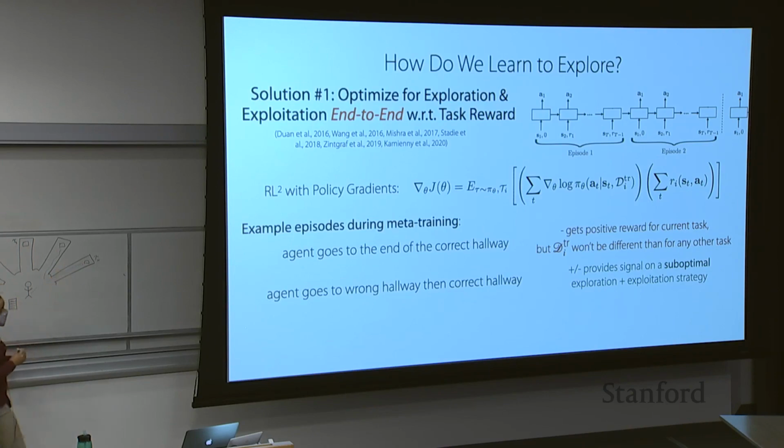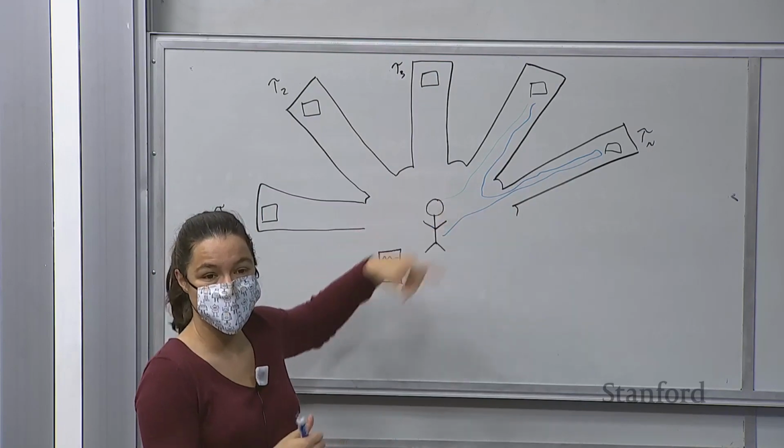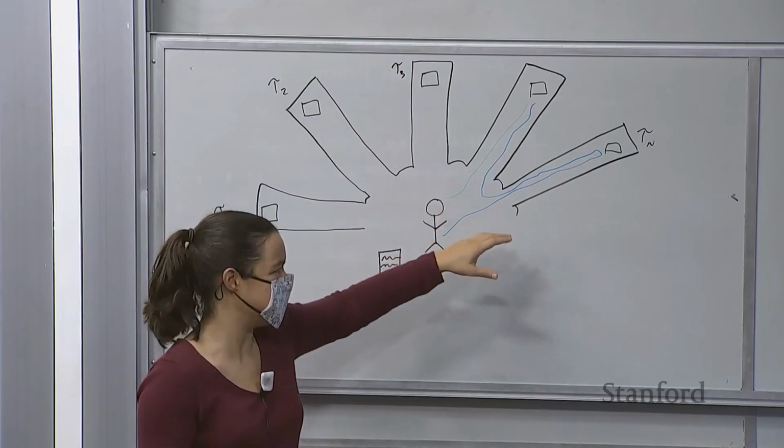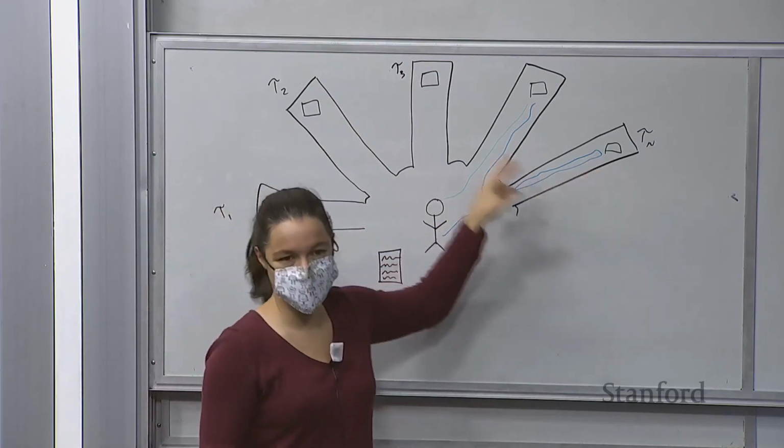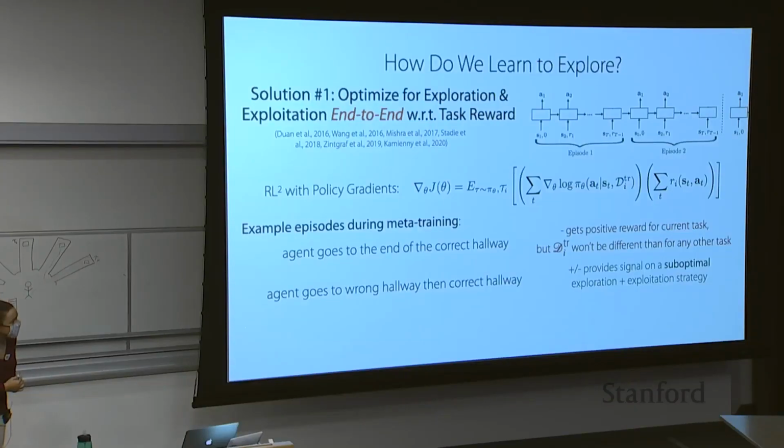And so in general, this trajectory will probably be much more helpful than the green trajectory, because it can learn an exploration strategy, which is if you see a negative reward, then you should go to a different hallway. So this will be helpful, although it's going to be helpful for learning a suboptimal strategy, because the optimal strategy would be to read the instructions first and then go to the correct hallway.